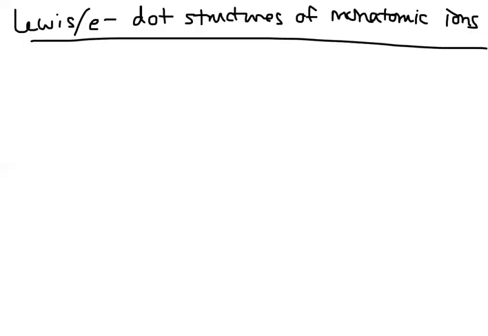That's a compound. One element that has a charge. Sodium is a monatomic cation because it is a positive ion and it's only one element. Okay? Know what these are.